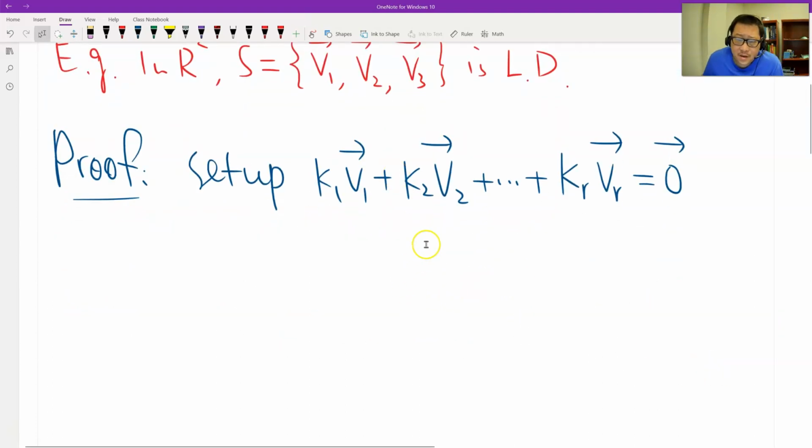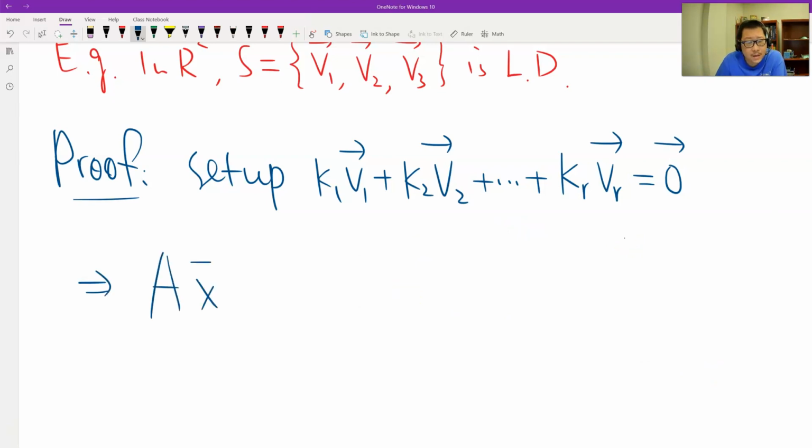How to solve this? We can use the matrix form. This is just A times x equals 0. We can make it into a matrix multiplication.